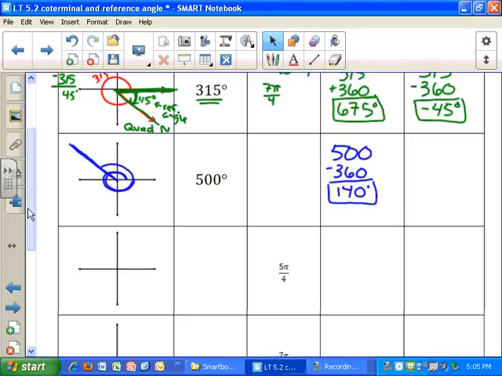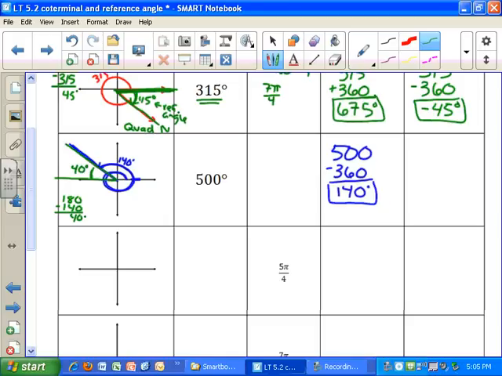If I'm going to find my reference angle, again, it is formed by my terminal side and the x-axis. So my reference angle is going to be right in there. Well, if we already figured out that from here around to here is going to be 140 degrees, to find the reference angle, we can do 180 and subtract 140 and find a 40-degree reference angle.